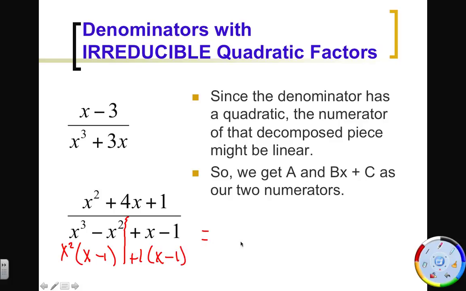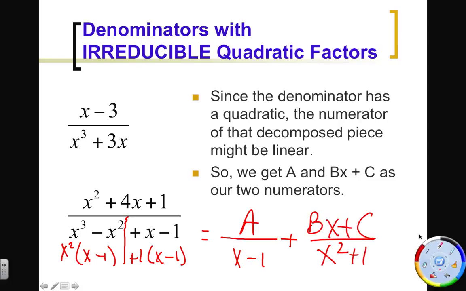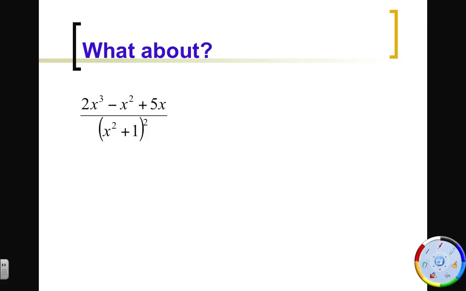So one denominator would be an x minus 1, and that would be my linear term, so a constant numerator, plus the x squared plus 1, which is not factorable, so I'd have to have a Bx plus C. Now you might need to remember how to do your possible rational roots in order to factor these denominators, especially when they get to cubics and stuff. But like I mentioned in the last sections, you need to remember that stuff from the last chapter.